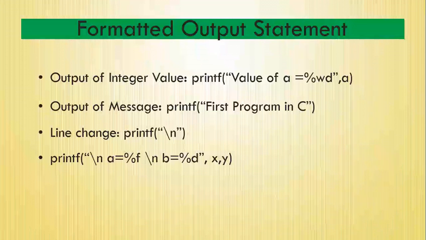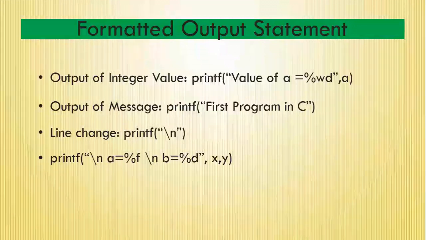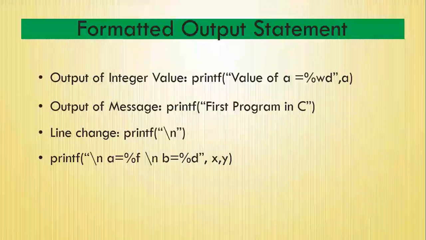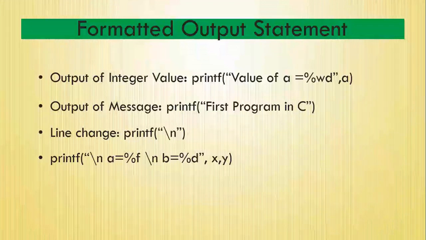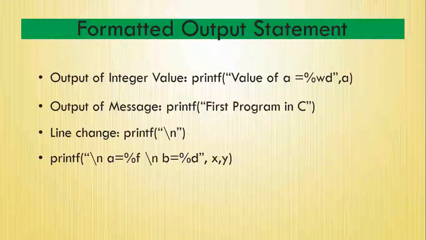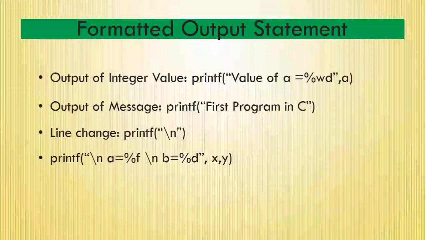Here I have written a equals %f. It means the value stored at variable a is a floating value, and the value stored at b is an integer value. Here I have used two values, a equals %f and b equals %d, comma x comma y.